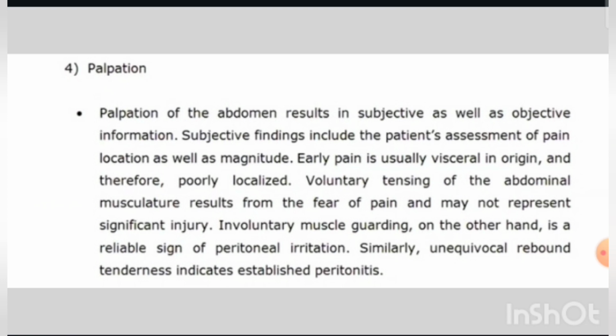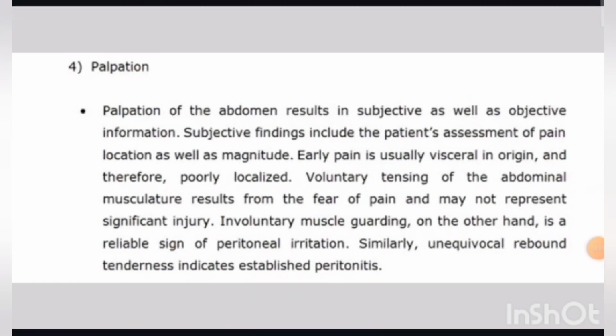In this technique, we want to see where the pain is, how severe it is, and the magnitude, meaning the radiation of the pain. If the pain is from inside, or visceral, the patient finds it difficult to describe the characteristics of the pain. There are two things: voluntary tensing and involuntary muscle guarding.